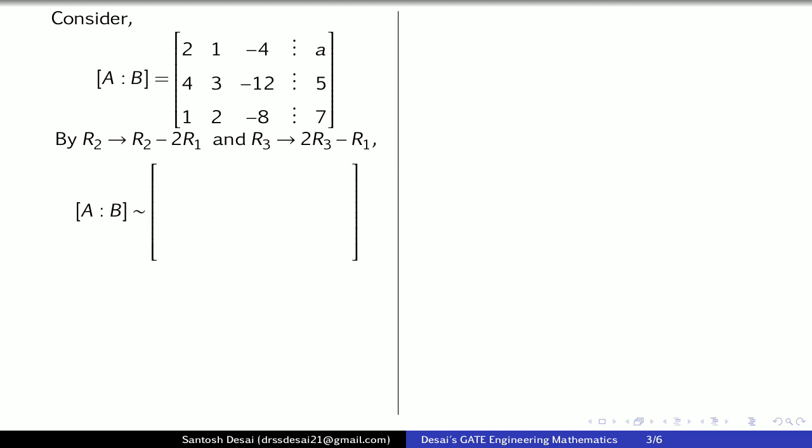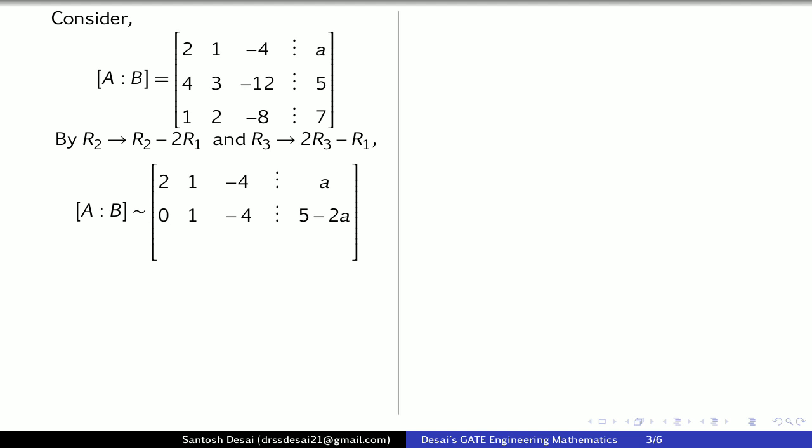So AB is similar to, there is no change in the first row, so it remains as it is. Now the elements of the second row are, first we get 0, then 3 minus 2, that is 1, then minus 12 plus 8, that is equal to minus 4, and 5 minus 2a.